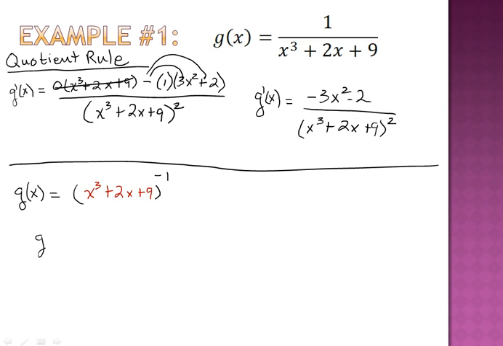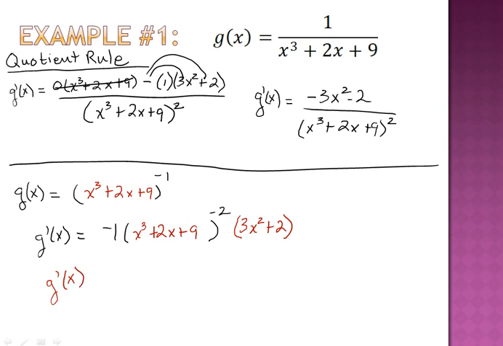So using my power rule, I'm going to derive by the negative 1 dropping in front and the power subtracts 1. I leave the inside exactly how it was, and I multiply by its derivative. Quick and easy. Now, rewrite it. Clean it up. Anything to a negative power drops on the bottom.